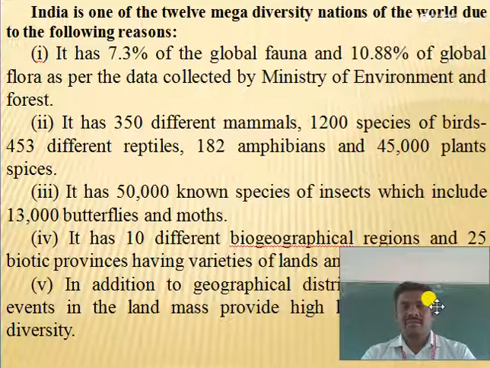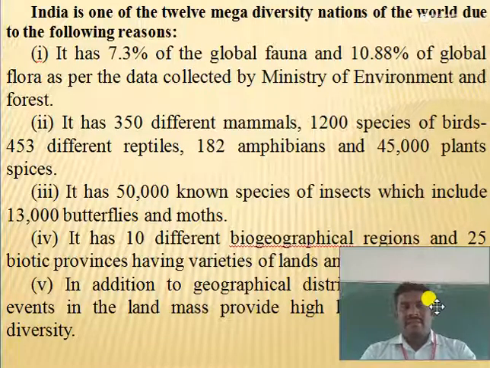It has 350 different mammals, 1200 species of birds, 453 different reptiles, 182 amphibians, and 45,000 plant species in the region.